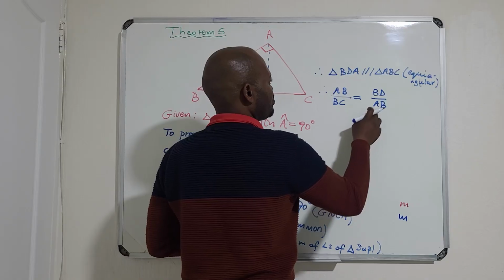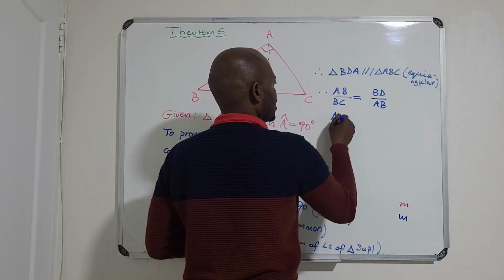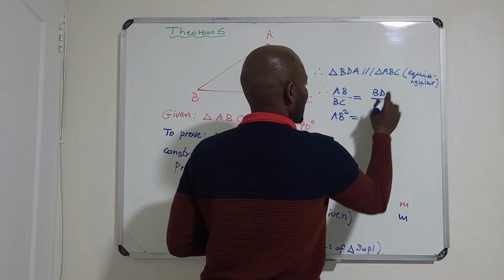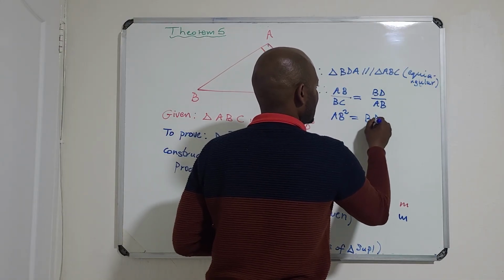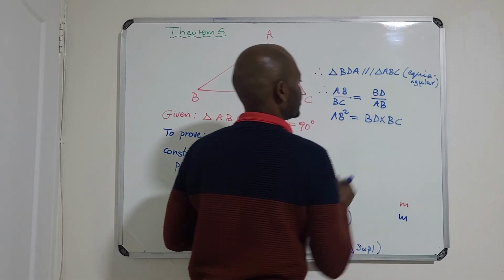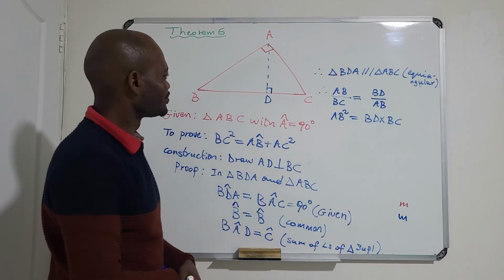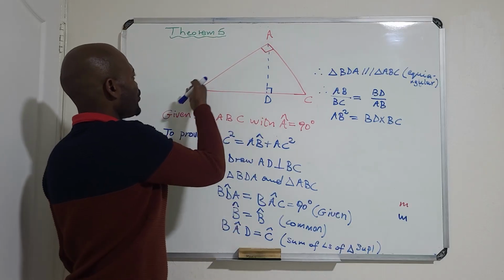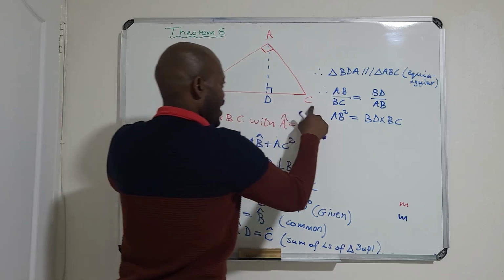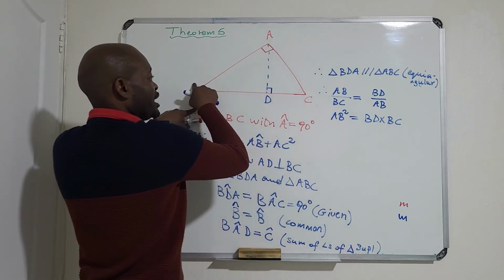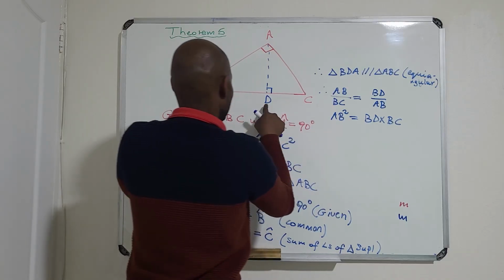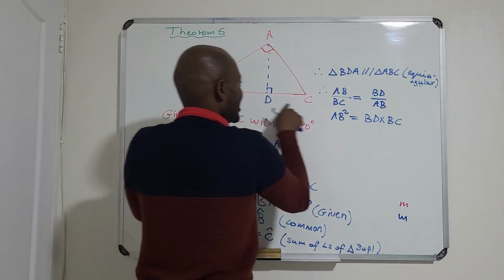Now, when we cross multiply this times this, we get AB squared is equal to BD times BC. Okay, so we now have this, like I said, in terms of this over that. You can see AB squared is equal to this times that.